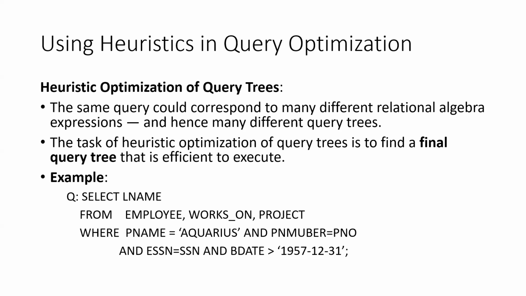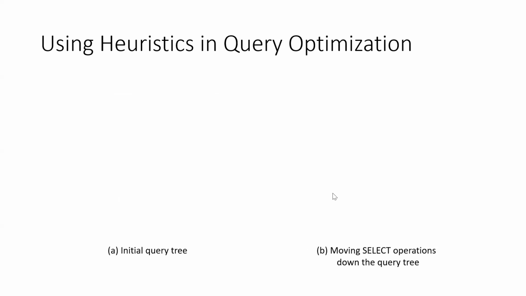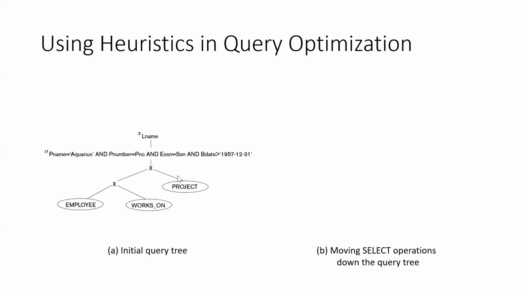If you initialize the query, this is the more generalized version, and what you see here is the Cartesian product between the employee and the works on, which means all possible combinations of the records. And then you do this with the project. But then to select the valid tuples, you have to have all the join conditions. So with these two join conditions, you filter out what is relevant, and then we have two selection criteria.